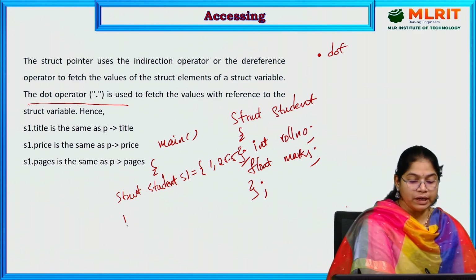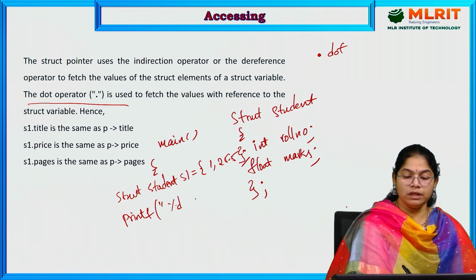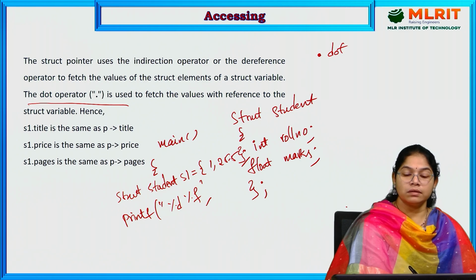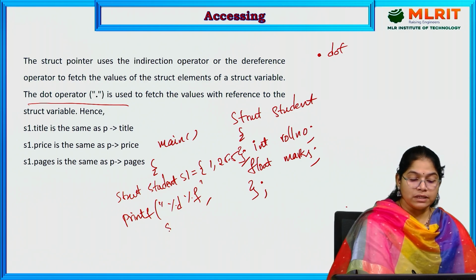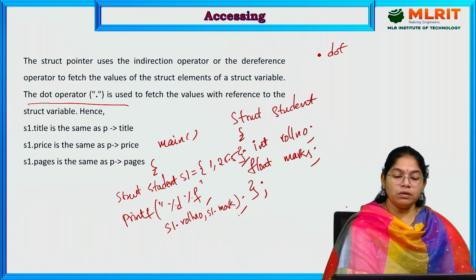If I want to print these values, then printf. Roll number is of type integer, %d, marks is of type float, comma, s1 dot roll number. Already we have seen this, how to access the members of the structure using a normal structure variable.